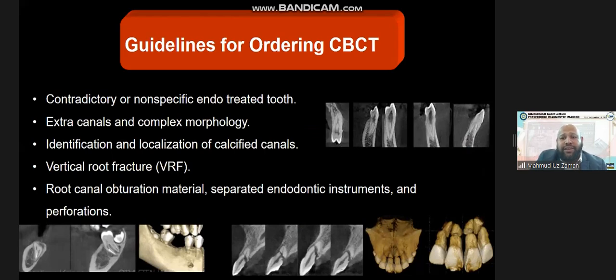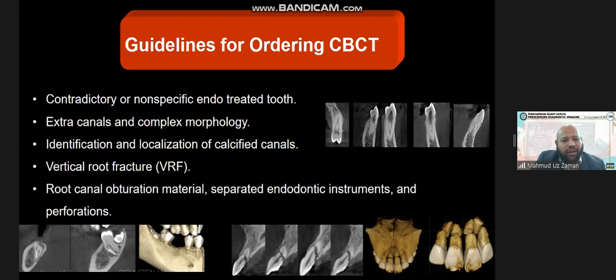Sometimes there is an endodontically treated tooth, or a broken file, or any perforation, any fracture of the teeth, any missing canal or complex morphology of the canal, or any calcified canal, so we will allow this patient for CBCT.